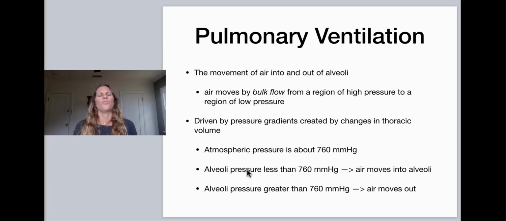So when we start to look at the numbers for pressure, all of these numbers are given relative to atmospheric pressure. Atmospheric pressure at sea level is 760 millimeters of mercury, but atmospheric pressure will decrease as you increase in altitude. So when you see this number, 760 millimeters of mercury, we're talking about at sea level.